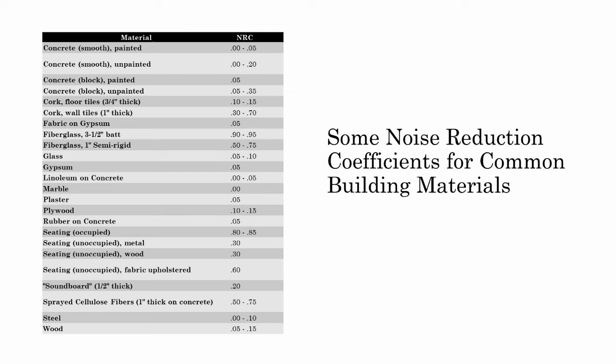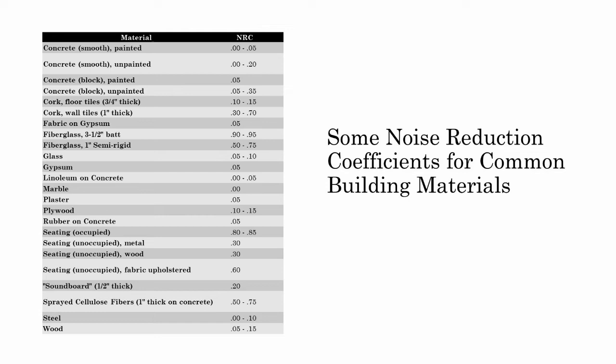Number 2. Concrete, smooth and unpainted, 0.00 to 0.20. Number 3. Concrete, block and painted, 0.05. Number 4. Concrete, block and unpainted, 0.05 to 0.35.